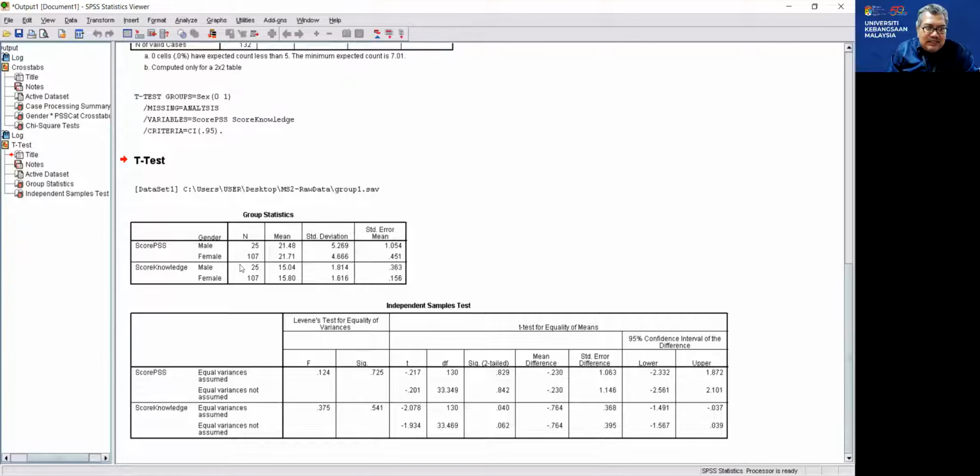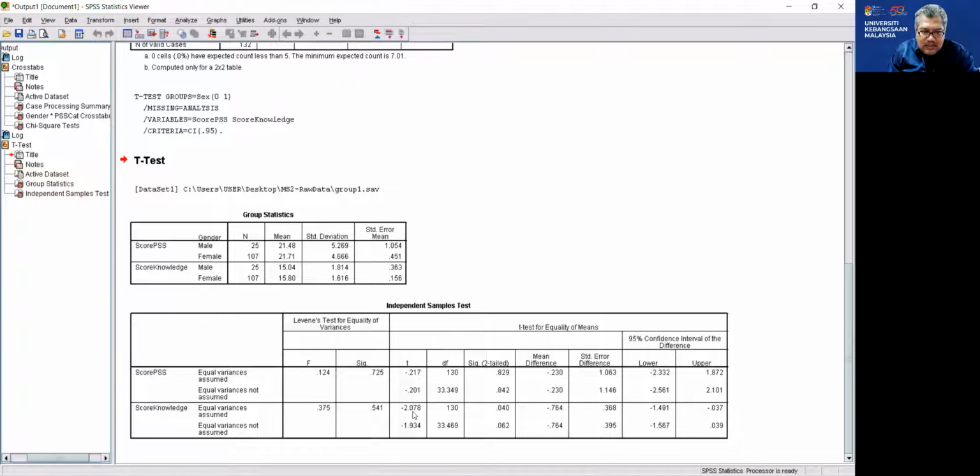Okay. For knowledge, boys and girls, the boys is 15.04, the girls is 15.8. Is it a significant difference? No. The p-value is 0. Oh, it's significant. The p-value is significant. So the girls are cleverer than the boys. If you want to use this one, 0.541, so we use the top row.